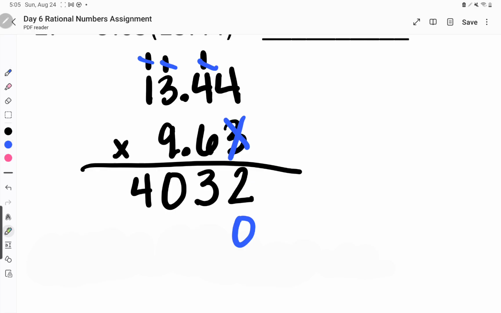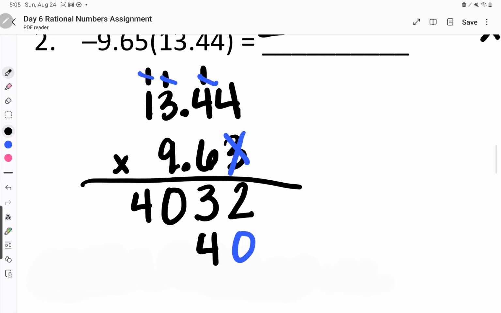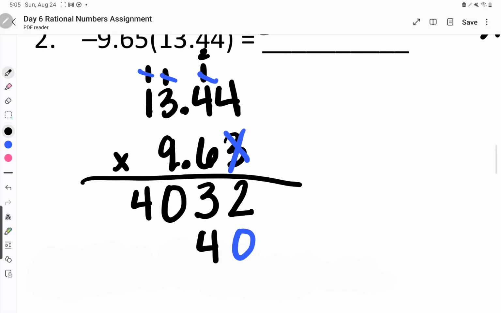Now I'll deal with my 6. So I have 6 times 4. 6 times 4 gives me 24. So I'm going to write down a 4, and I'll carry my 2. Then I have 4 times 6, which gives me 24. And then I have 24 plus 2 at the top, which gives me 26. So I write down a 6, carry my 2.